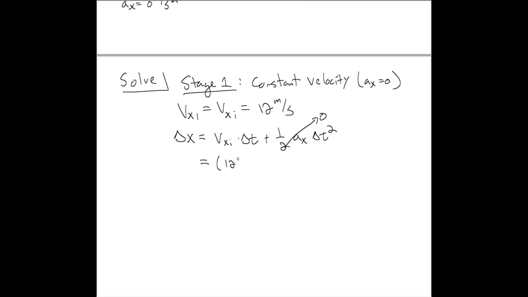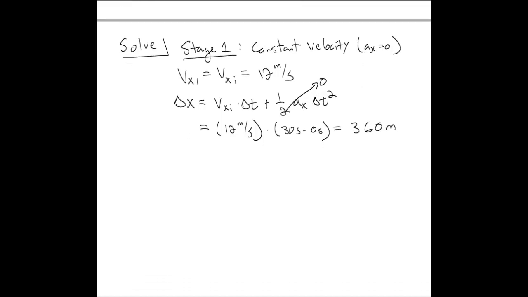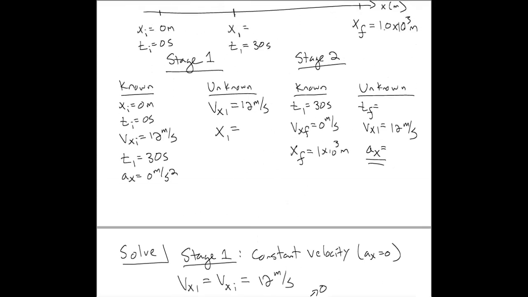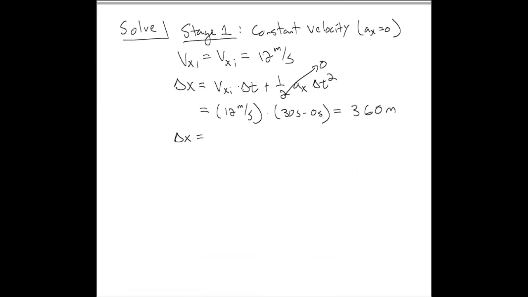So the initial velocity is 12 meters per second. And the change in time, well, it's the final time, 30 seconds, minus the initial time, 0 seconds. And so ultimately the change in position is 360 meters. Now this is the change in position. We don't want the change in position. Really, we want x1, what x1 actually is. But they're related.